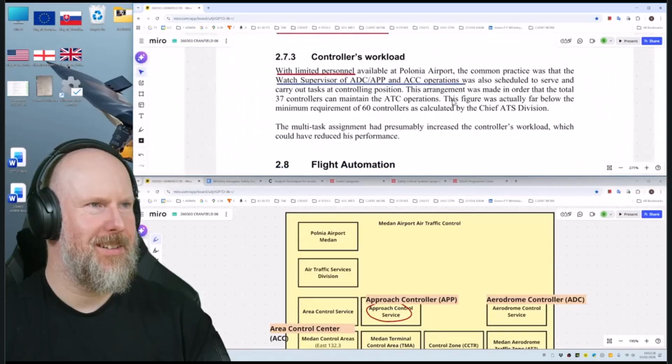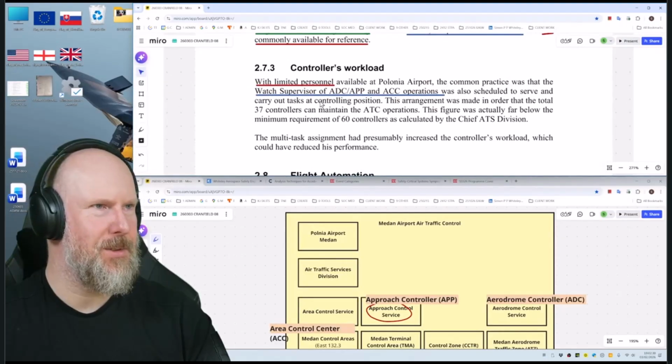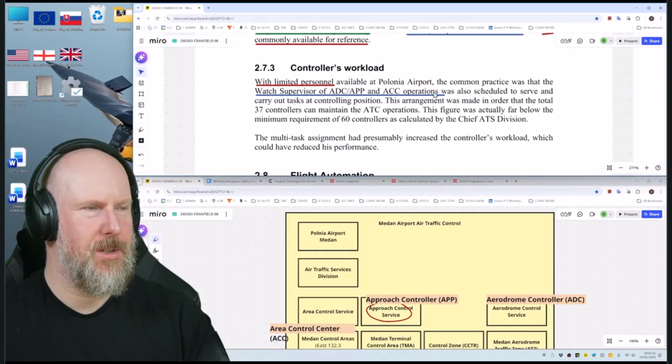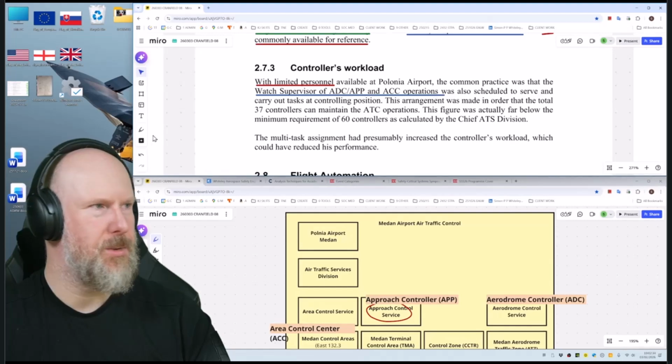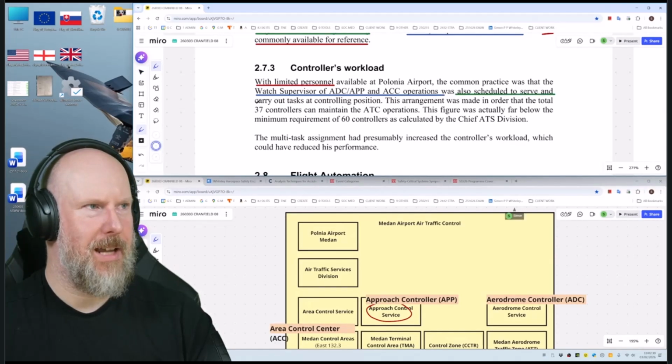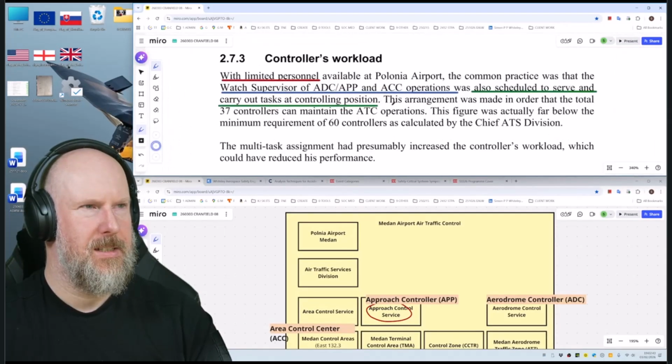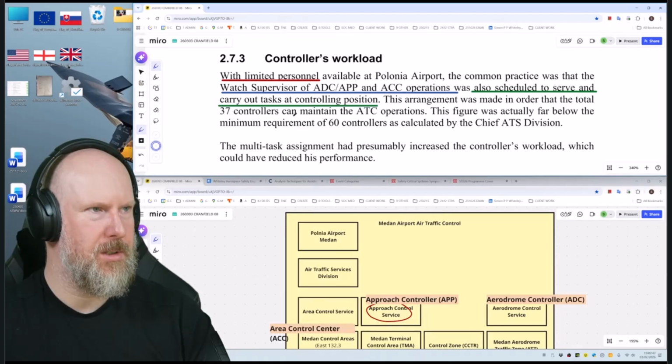Is that right? Common practice was the watch supervisor of those was also scheduled to serve and carry out tasks at the controlling position. This arrangement was made in order that the total 37 controllers can maintain the operations.